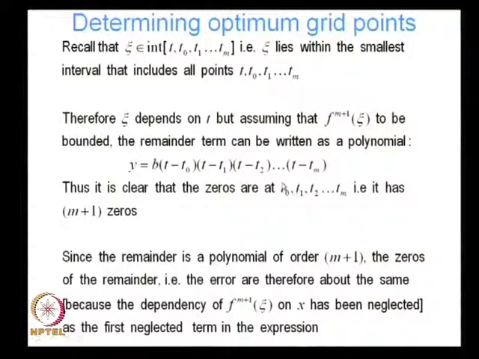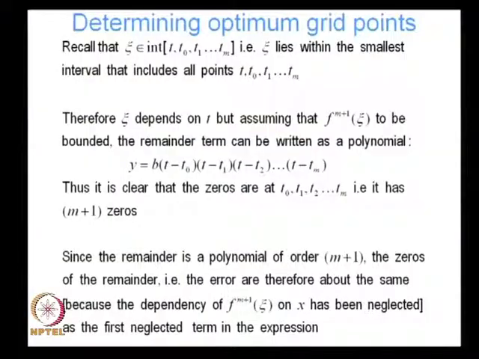So, the zeros of this are at t0, t1, t2 through tm. Now, since the remainder is a polynomial of order m plus 1, the zeros of the remainder are about the same as the zeros of the first neglected term. They are not exactly the same, because I have ignored the dependency on t of f m plus 1 xi.